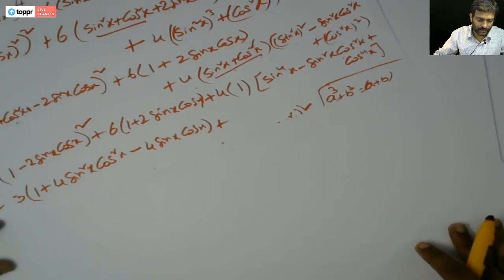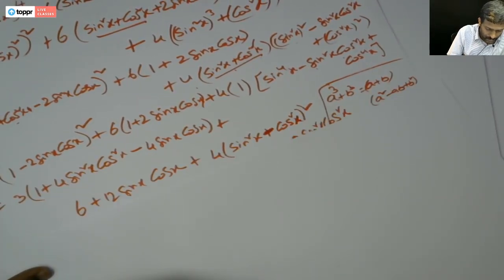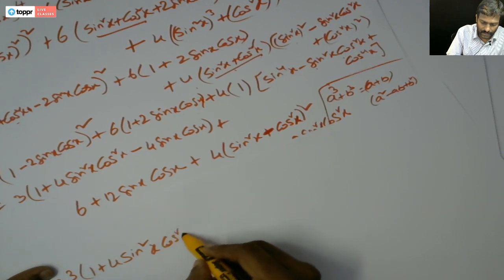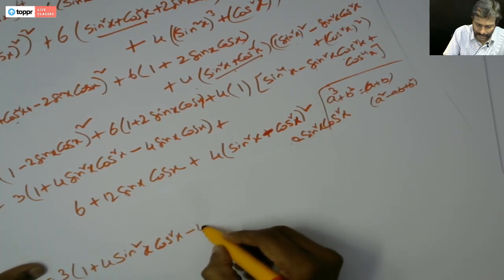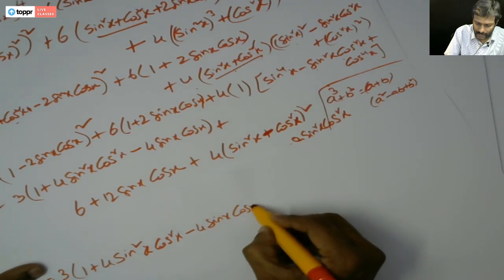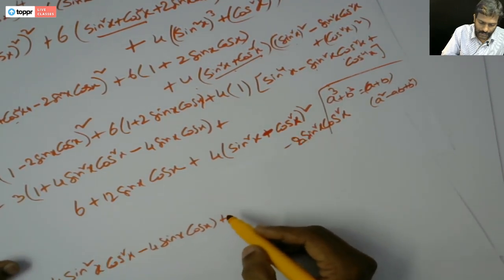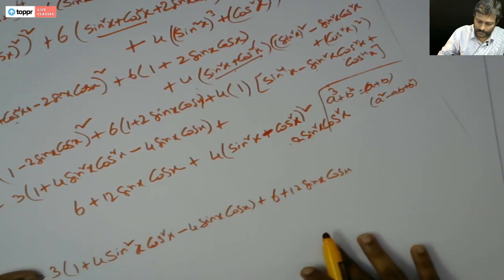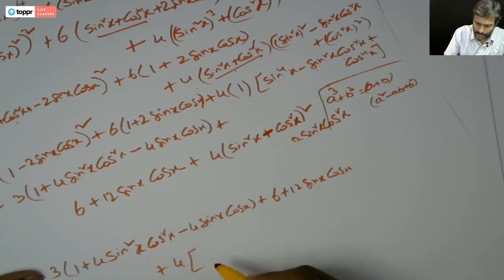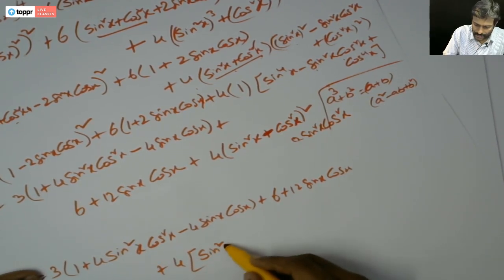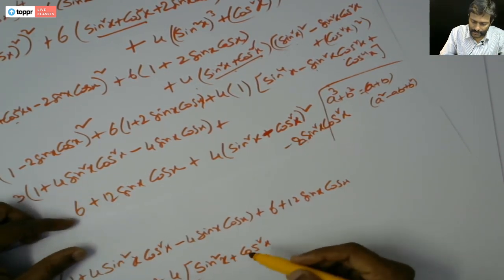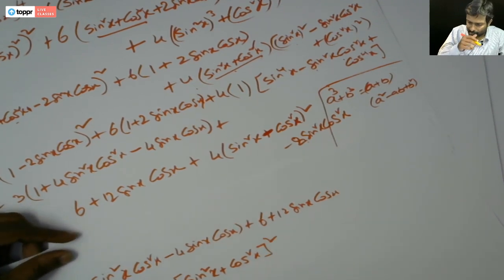So let us write the expression here again. I'll write it down. 3 times (1 plus 4 sine square x cos square x minus 4 sine x cos x) plus 6 plus 12 sine x cos x plus 4 times (sine square x plus cos square x) whole square.